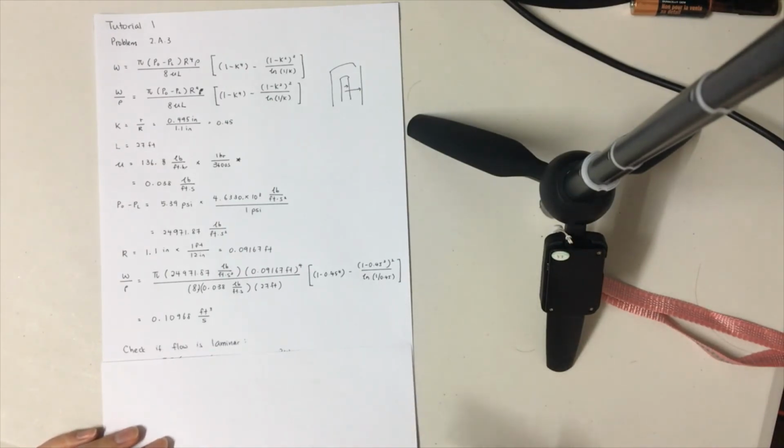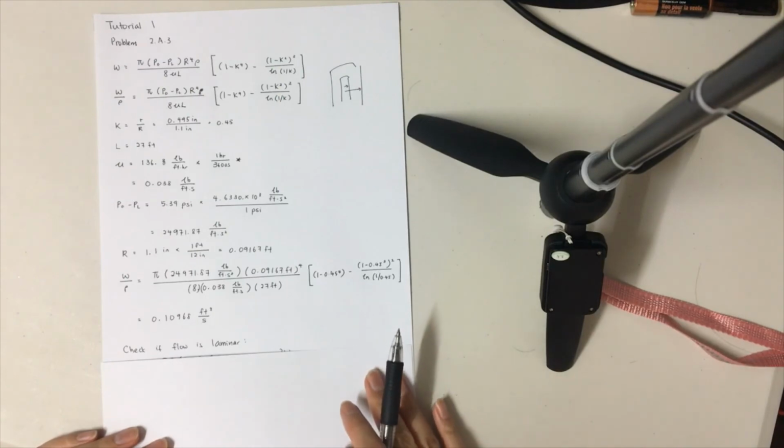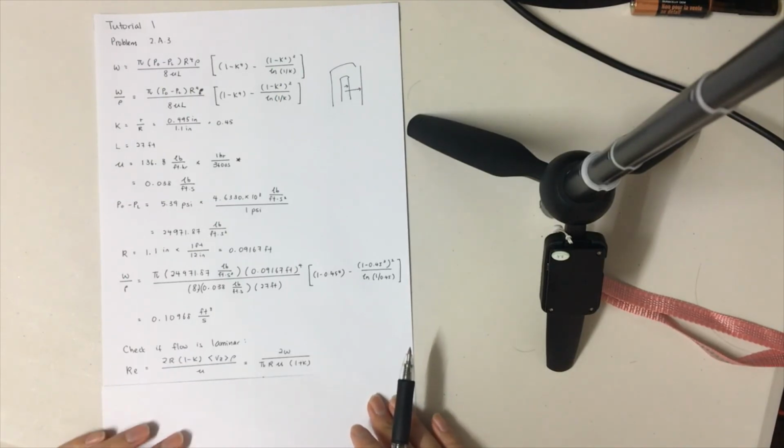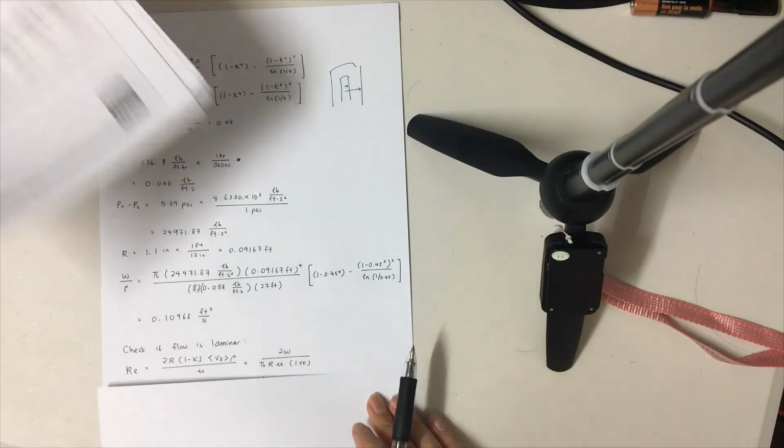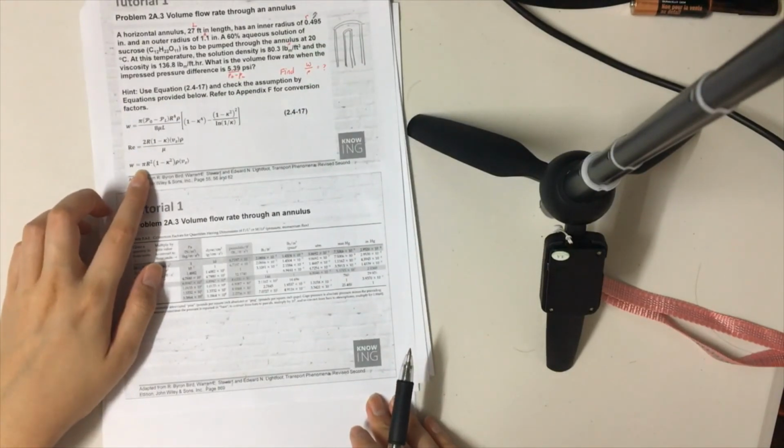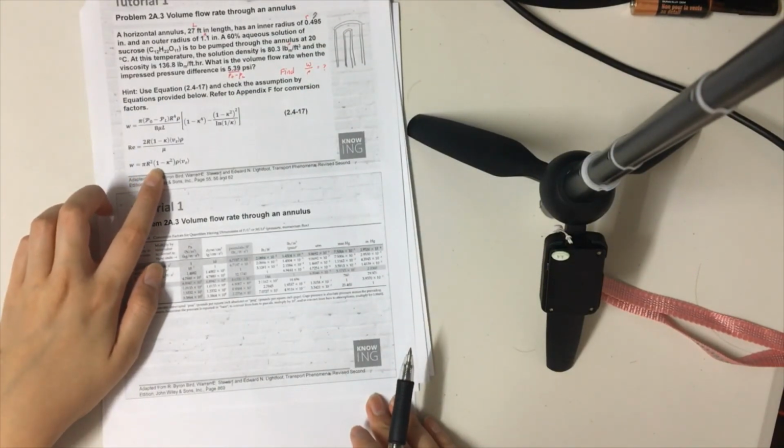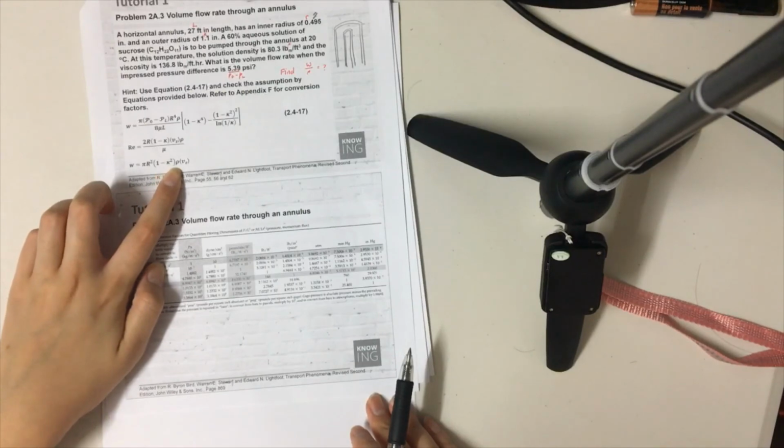Then we will check if the flow is laminar by using the Reynolds number. In the question we were given that W equals pi r squared times 1 minus k squared, multiplied by rho multiplied by the velocity.